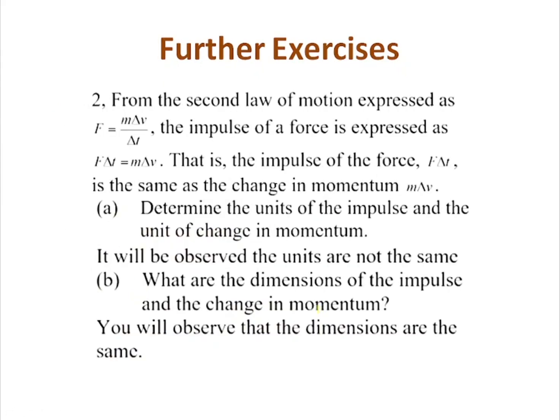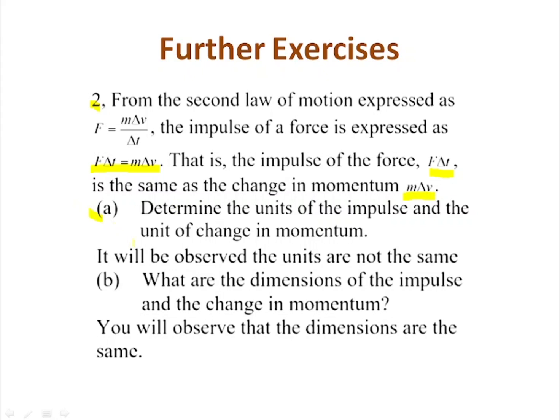From the second law of motion, expressed as F is equal to m delta v over delta t, the impulse of a force is expressed as F delta t, which is m delta v. That is, the impulse of a force, F delta t, is the same as the change in momentum, m delta v.